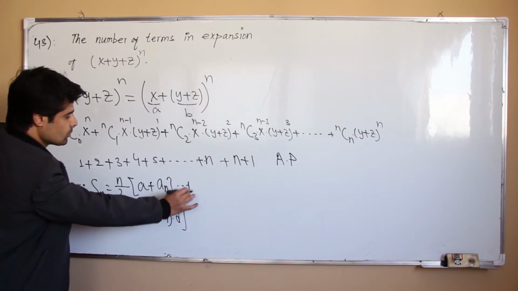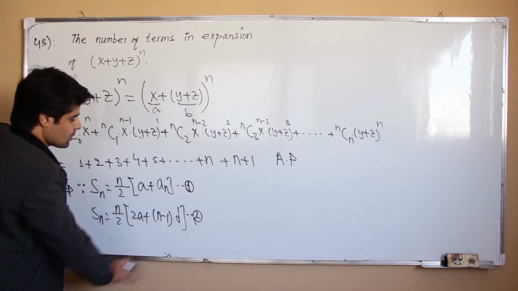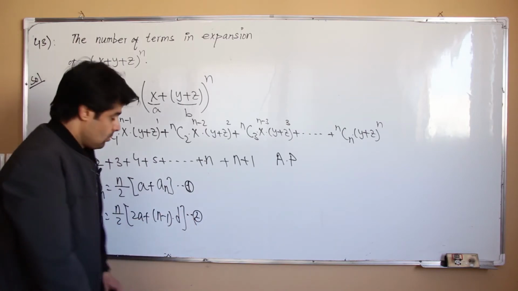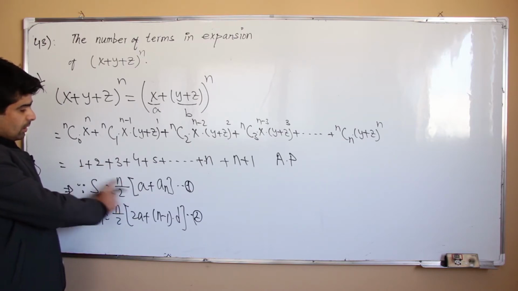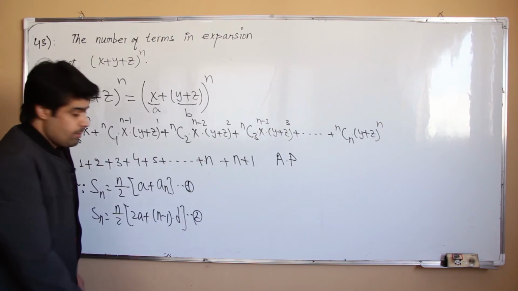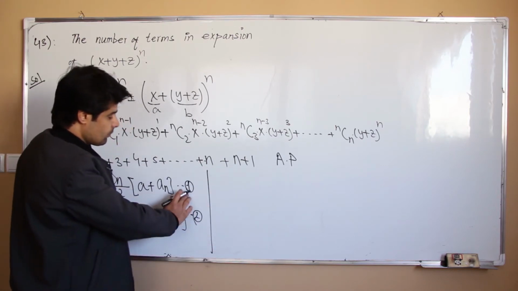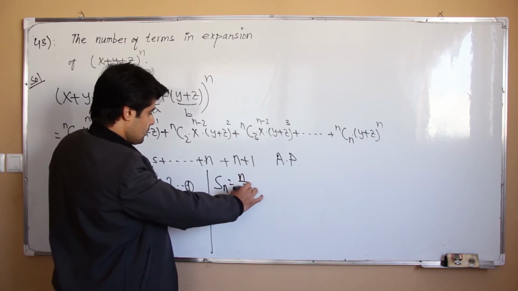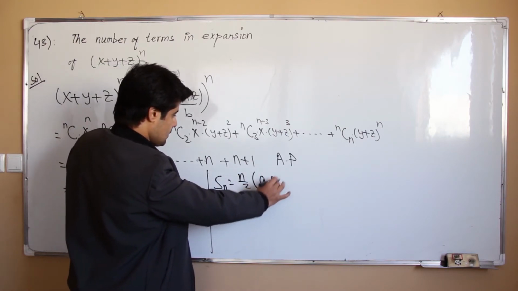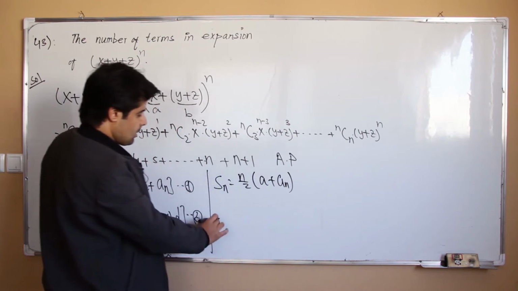Which one you use is up to you, but I think the first formula is easier. Why? Because we know the first term and the last term. Am I right? So I want to use the first formula: n divided by 2 times (a plus an). Yes.